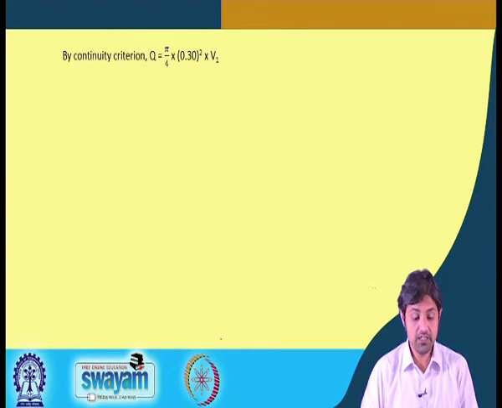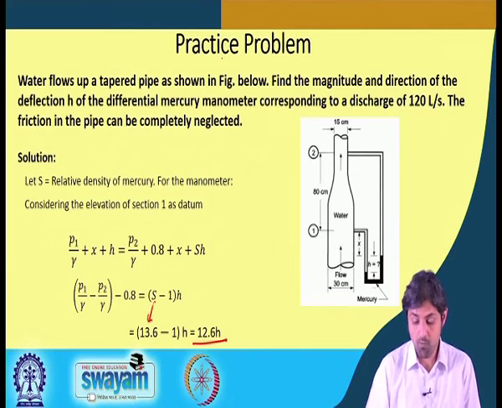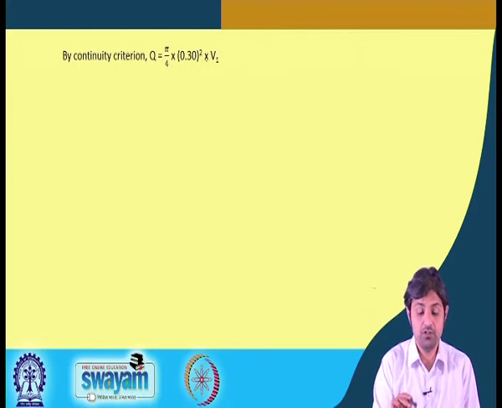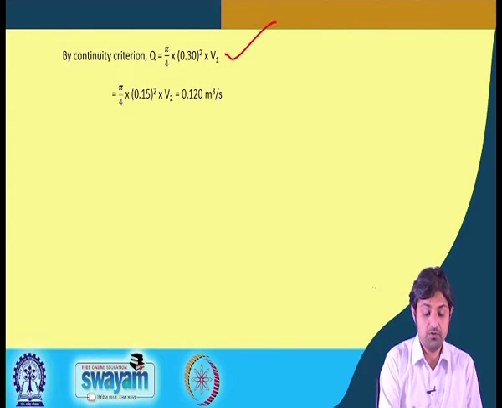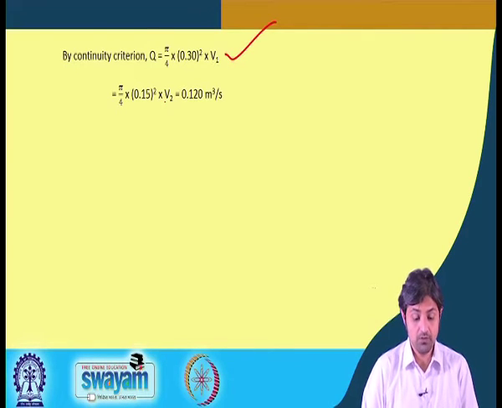By the continuity criterion, Q is going to be A1 V1, pi by 4 D1 square into V1, because this is 30 centimeters in diameter, and equal to pi by 4 D2 square into V2.